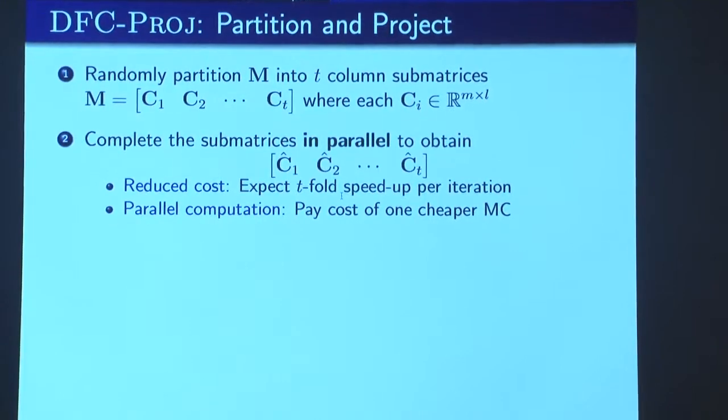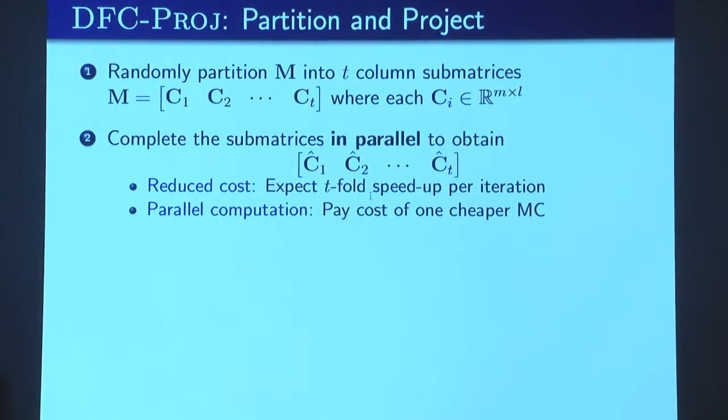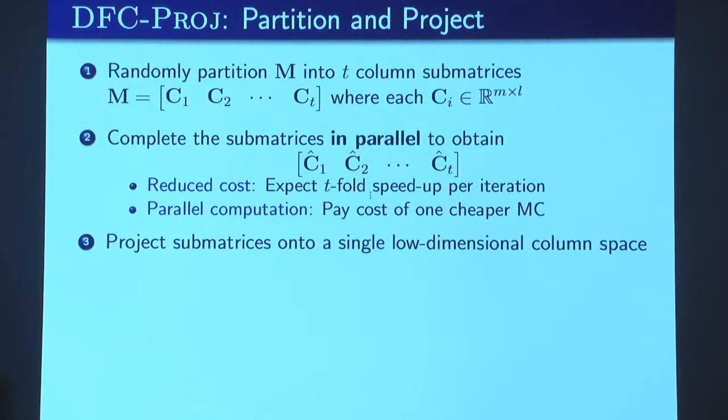And you're also only paying the cost of the longest running but cheaper matrix completion problem, because you can run these problems in parallel. Finally, to combine these estimates, now you'll have a bunch of low-rank estimates of submatrices, but together they might not be low rank. So what we'd like to do is project all the matrices onto a common subspace that represents, hopefully, the true subspace of L0. So we need an estimate of the column space of L0.